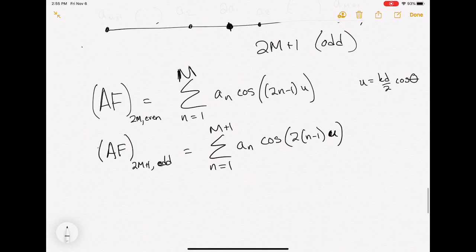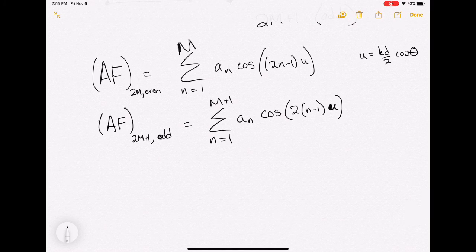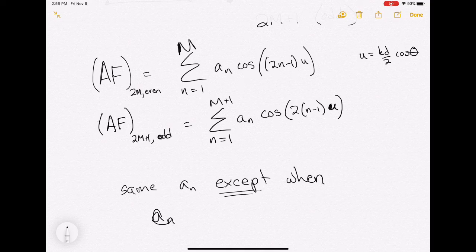So the exponential formulation and the cosine formulation give you the same values of a sub n, except when you have an odd total number of elements.